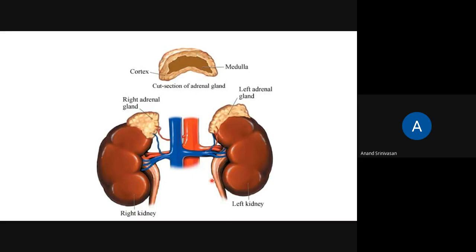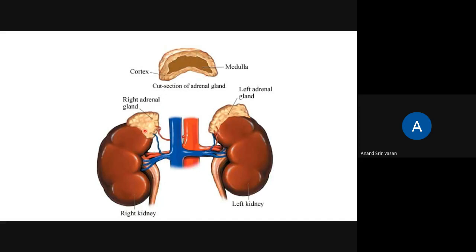In this picture, you can see the venous drainage. The right-sided suprarenal vein actually drains into the inferior vena cava or the junction between the right renal vein and the inferior vena cava.